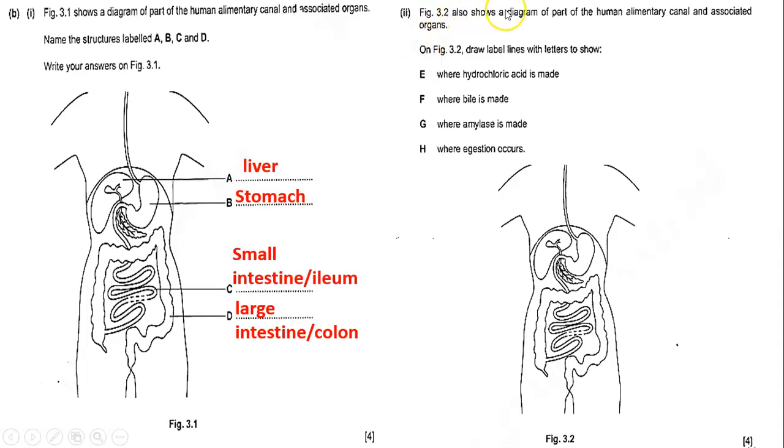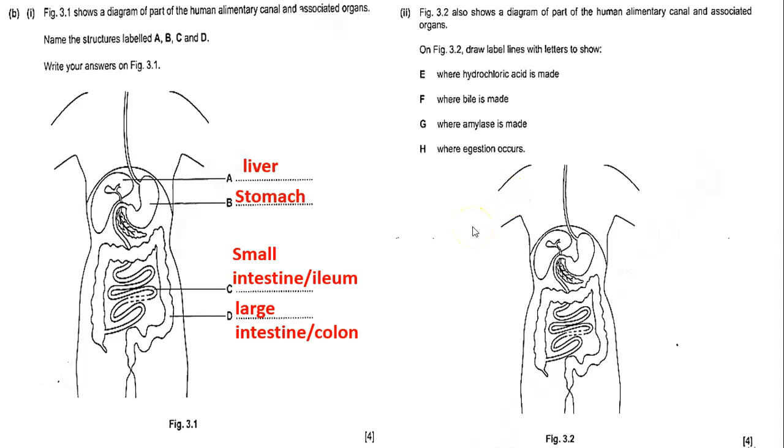Figure 3.2 also shows the diagram of a part of the human alimentary canal and organs. On figure 3.2, draw label lines with the letters to show E, where hydrochloric acid is made.